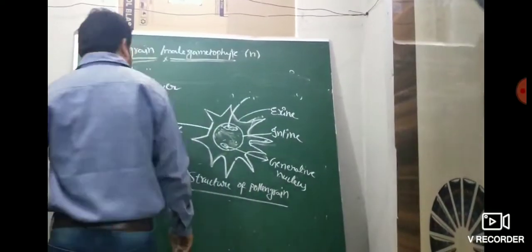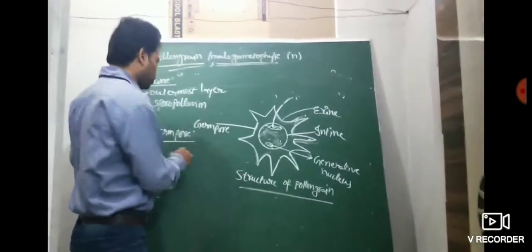Now what is the function of the germpore? Through the germpore, the pollen tube comes outside.